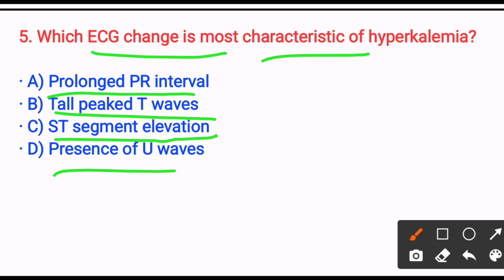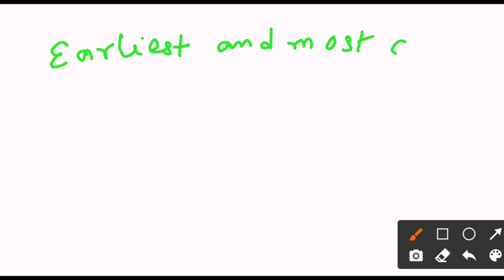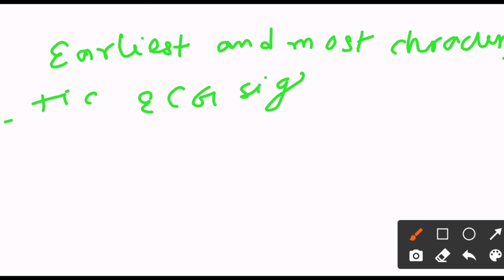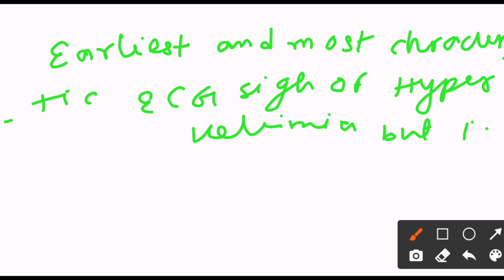The answer will be option B, tall peaked T wave, because tall peaked narrow based T waves are the earliest and most characteristic ECG sign of hyperkalemia.